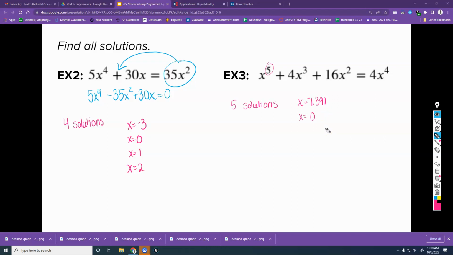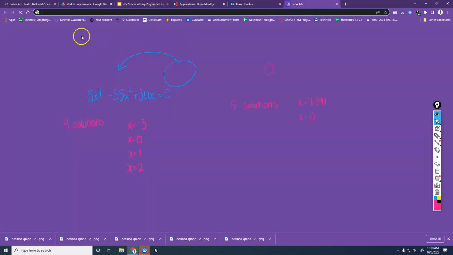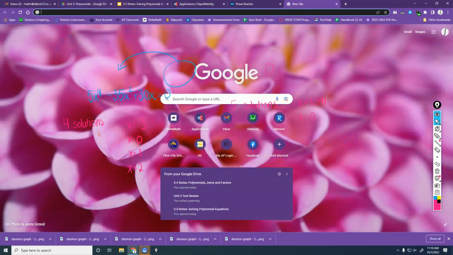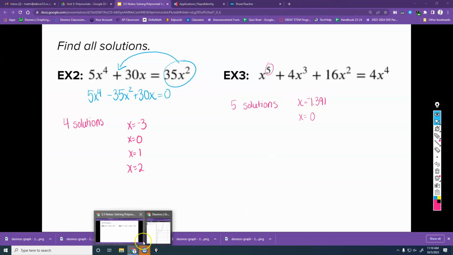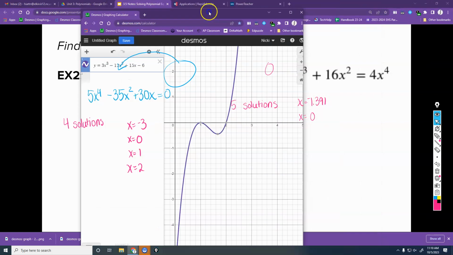There's nothing that can guarantee us that it's going to be multiplicity of 4. In fact, I'm pretty sure it's not. It could be 2. But let me look at this one on Desmos. Oh wait, what am I doing? All right, let's type this in.